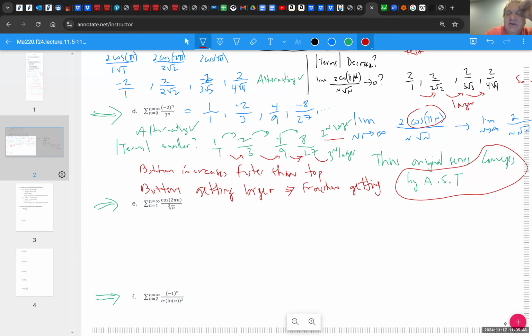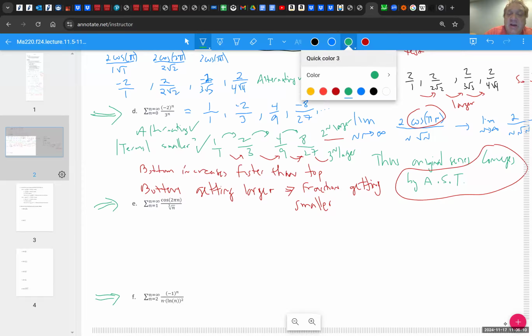And what does it mean when the fraction is getting smaller? That means we have now verified that the terms get smaller, because we know that the bottom increases faster than the top. The bottom getting larger means the fractions are getting smaller. All right, so we've done the first thing, alternating, yes, check mark. The absolute value of the terms get smaller, yes, check mark.